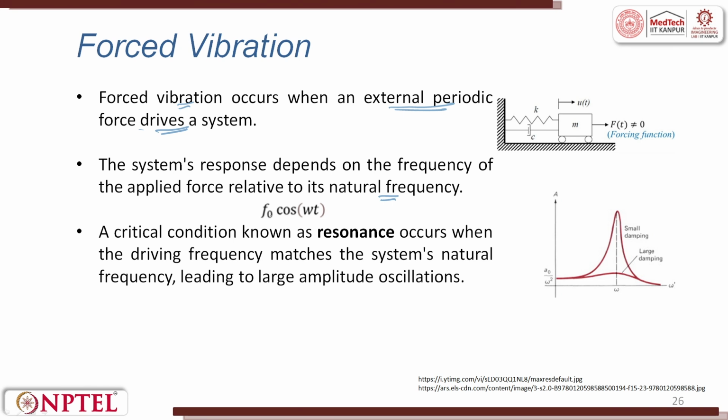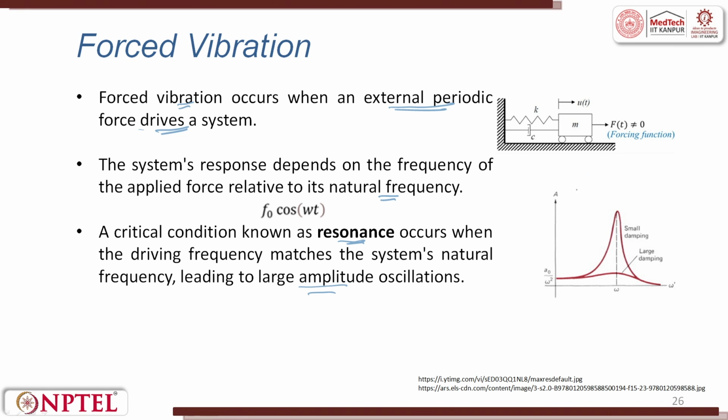So, F naught cos omega t. Here we are representing the amplitude with respect to omega. A critical condition known as resonance occurs when the driving frequency matches the system frequency, leading to a large amplitude oscillation. So, this is resonance.